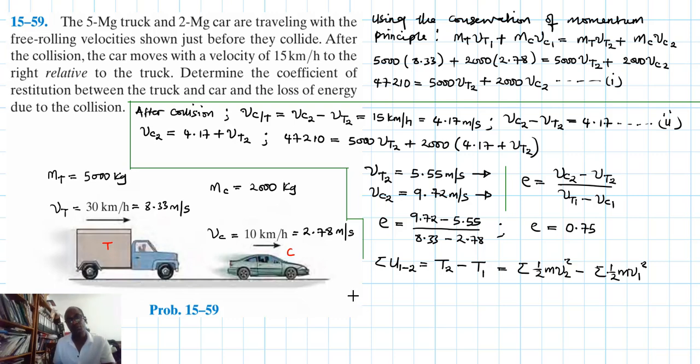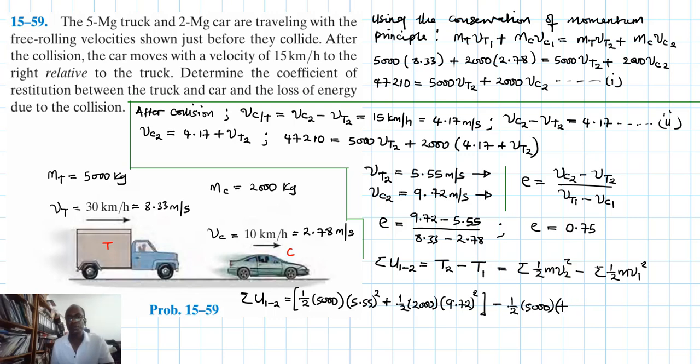So we have half of 5,000 for the truck by 5.55 squared, plus half of 2,000 by 9.72 squared, minus half of 5,000 by 8.33 squared, plus half of 2,000 by 2.78 squared.